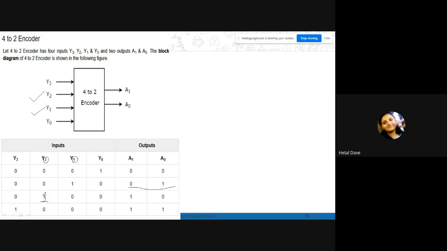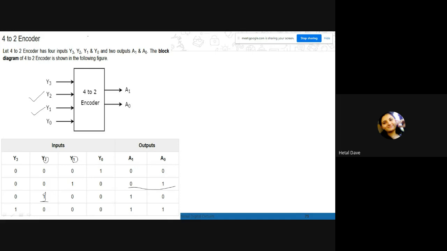Now, once the truth table is done, what is our next step? Boolean equation. How many Boolean equations will you make, Paras? 2. Which is the Boolean equation of A1?